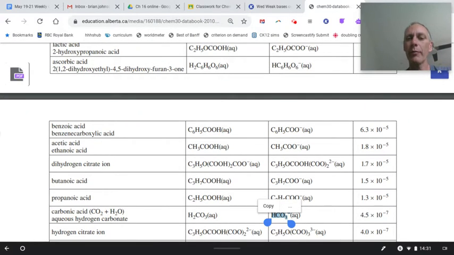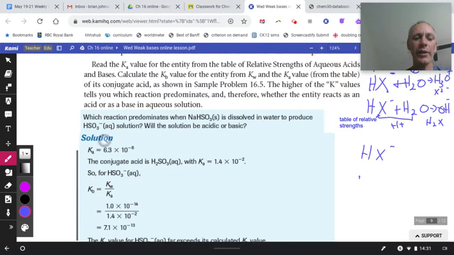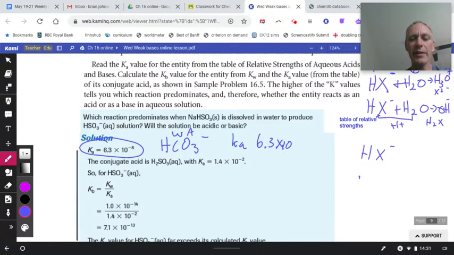If you're a numbers person and you like numbers, then you do it this way. You compare the Ka of the acid with the Kb of the weak base.